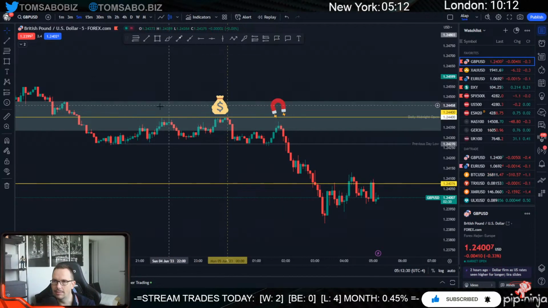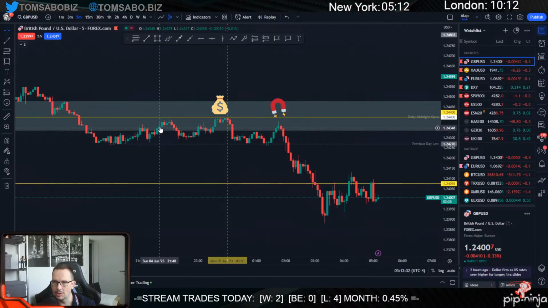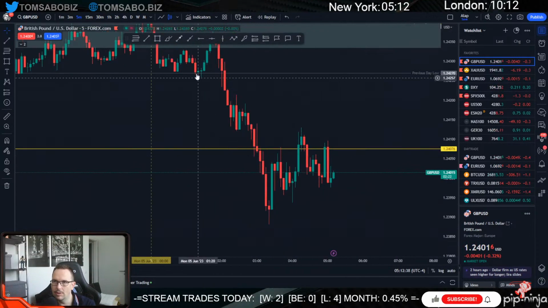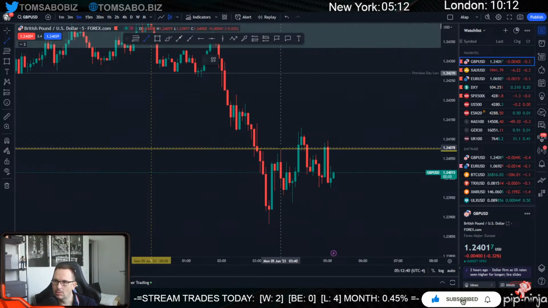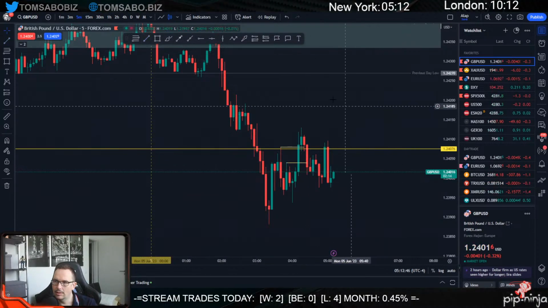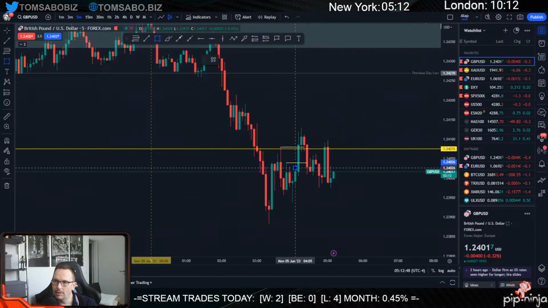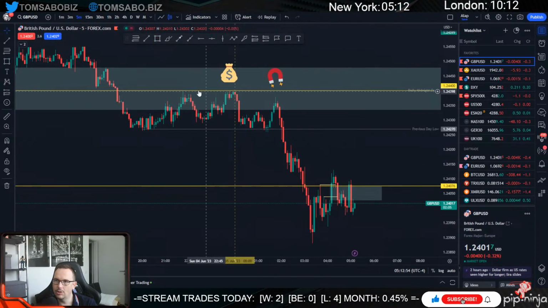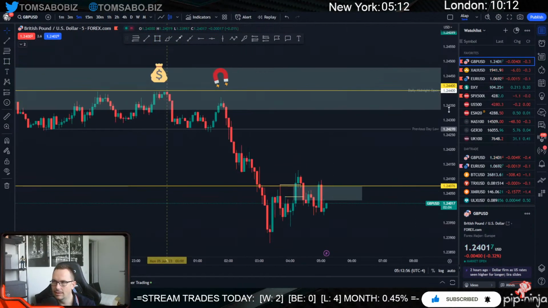Relative equal highs up here from the Asia session. Look at this, 1, 2, almost 3 times. Entry almost the same. We had a structure break here, not the best one, and a fair value gap here. There you go. And we have quite a juicy buy side here. It's juicy, right?